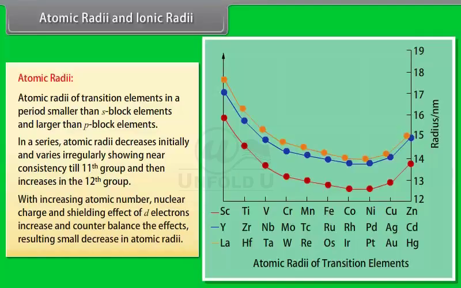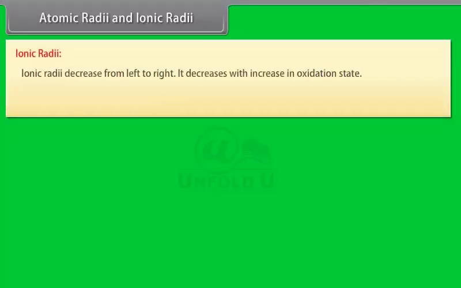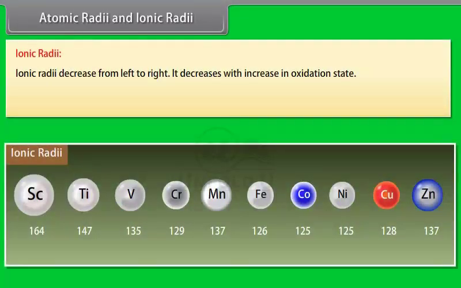With increasing atomic number, nuclear charge and shielding effect of d electrons increase and counterbalance the effects, resulting in a small decrease in atomic radii. In zinc, cadmium and mercury, there is an increase in atomic radii due to electron repulsion which exceeds the nucleus' outermost shell attraction.